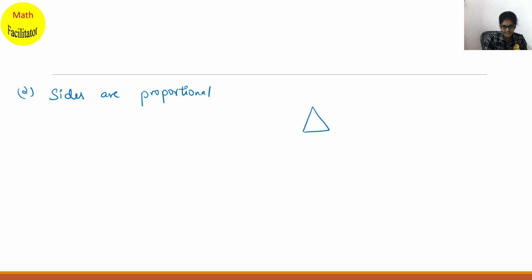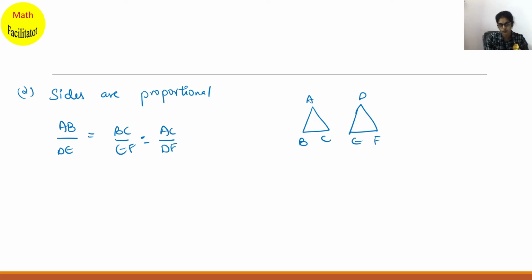So again, let's take the triangles ABC, DEF. AB upon DE, sides are in proportion, BC upon EF is equal to AC upon DF. All the sides are in proportion. Then triangles are similar. Then what about the angles? Angles are equal.